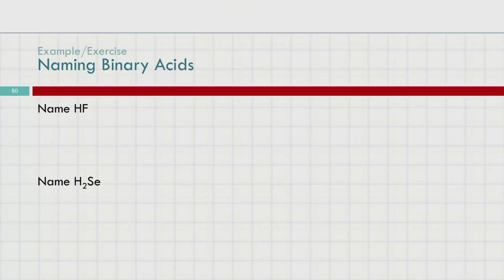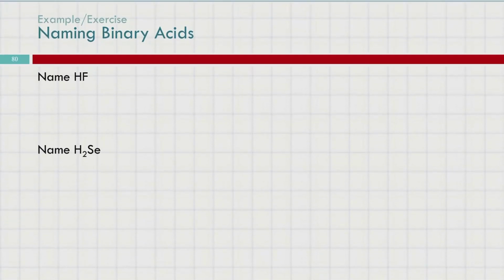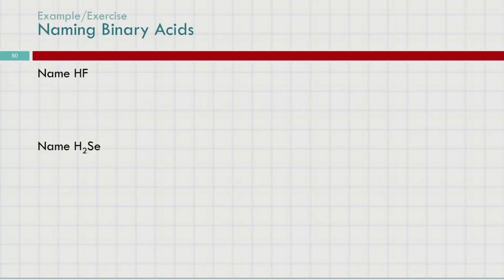All right, let's name these two binary acids. They are both binary acids because there's just two elements. We've got HF. HF has hydrogen in front. That means it's an acid. And it's just two elements.